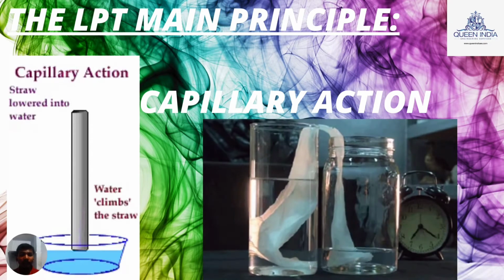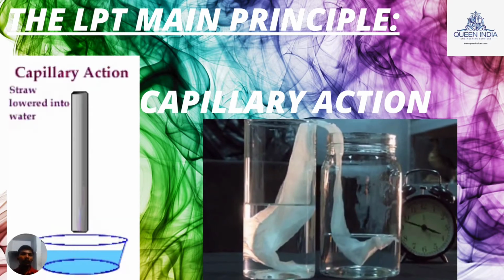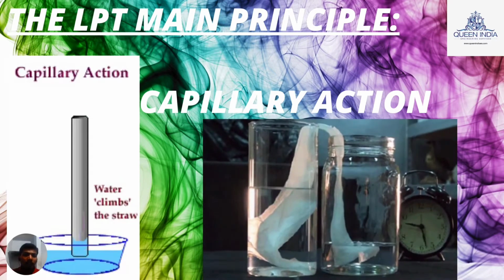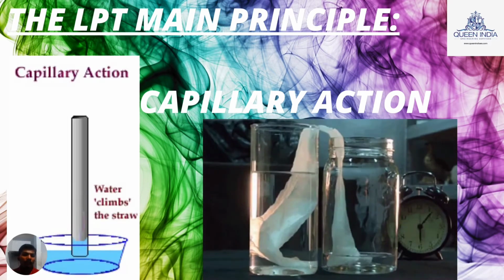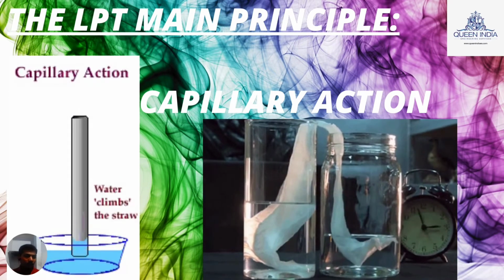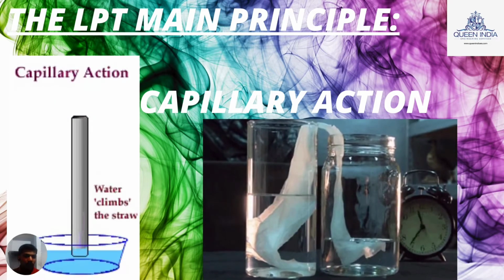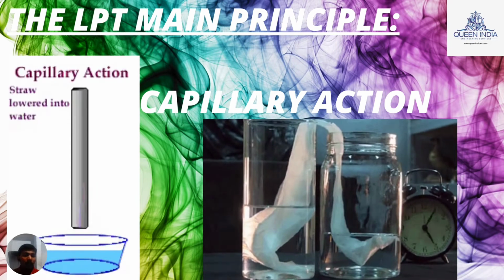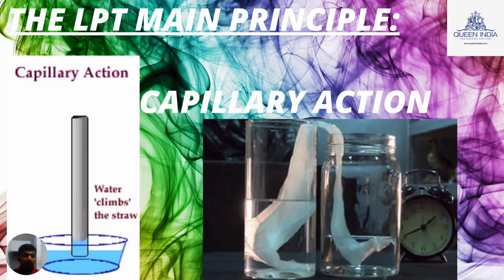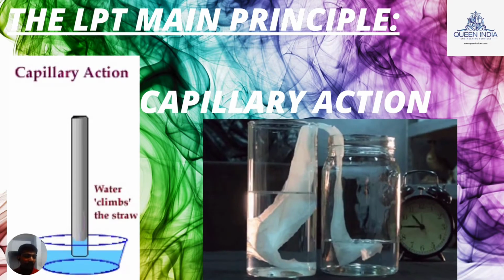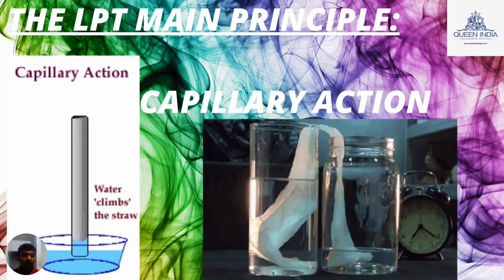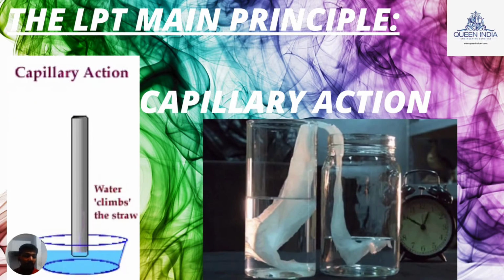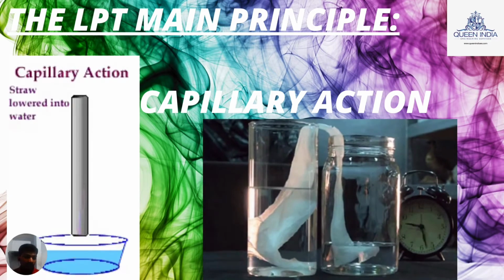The LPT main principle is capillary action. Straw lowered into water, water climbs the straw. The capillary tubes are very thin tubes made of a rigid material such as plastic or glass in which a liquid flows up into the tubes against gravity in a process called capillary action.